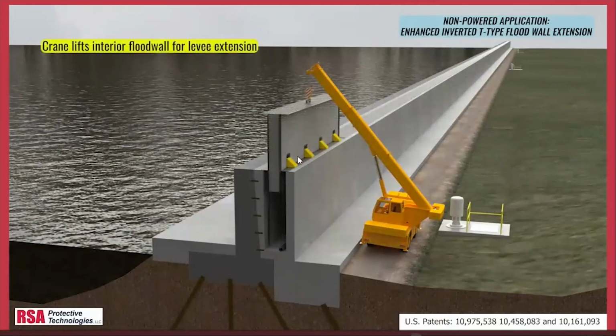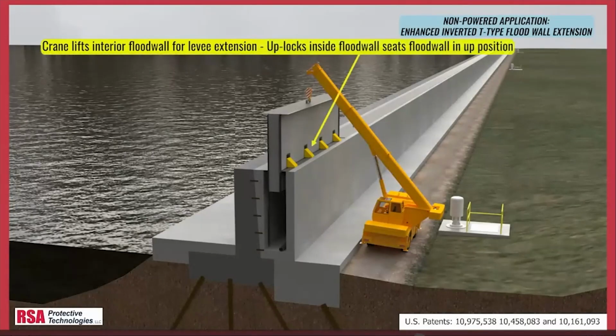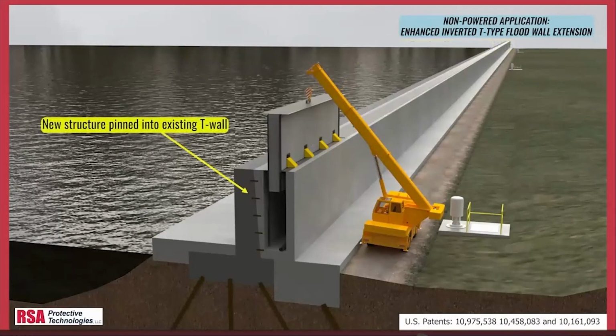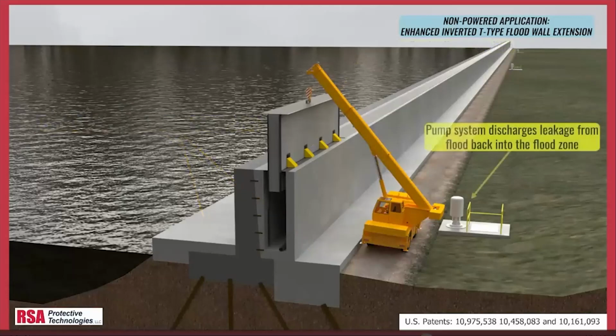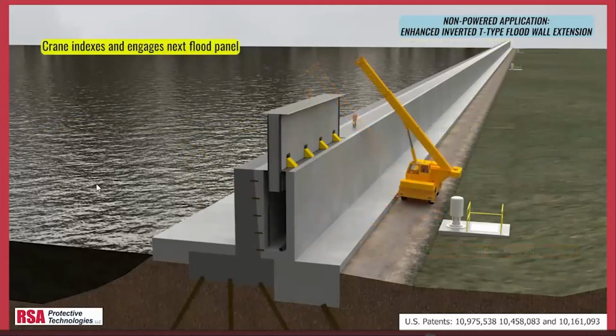In this case, the wall comes to the up position and the up blocks lock it into position so it stays there when the crane rolls away to the next wall. The wall stays in the up position automatically. We have the pump system, just like we did before for the sparger pipe, which is underneath, and the piping would run under the wall and back out to the wet side.